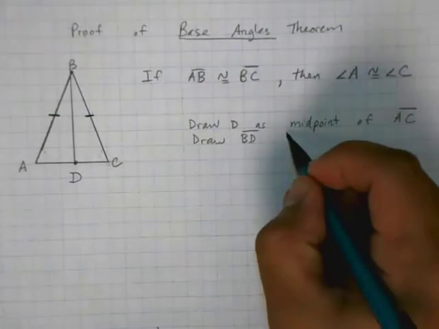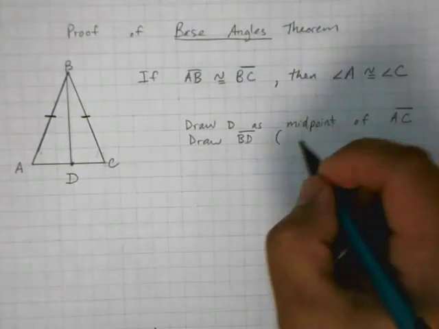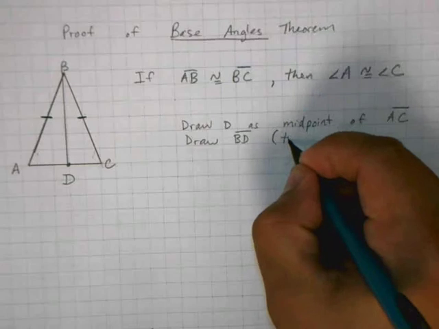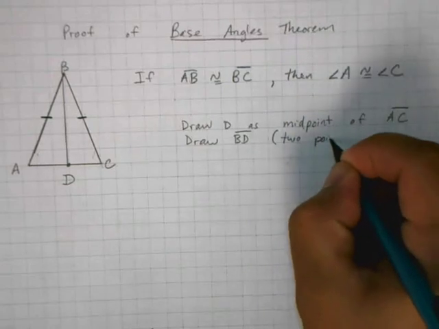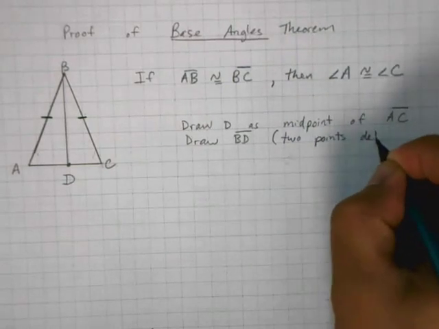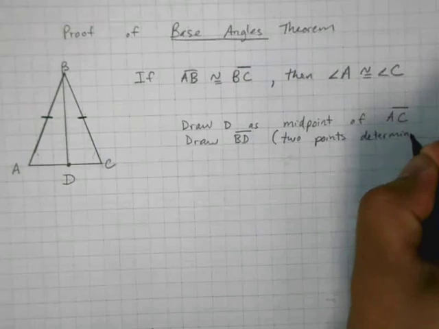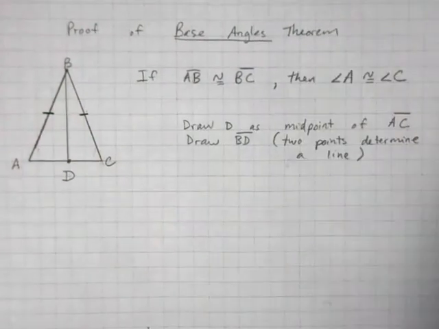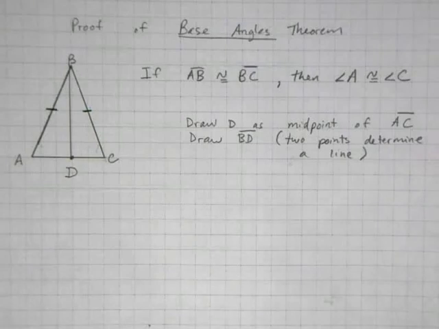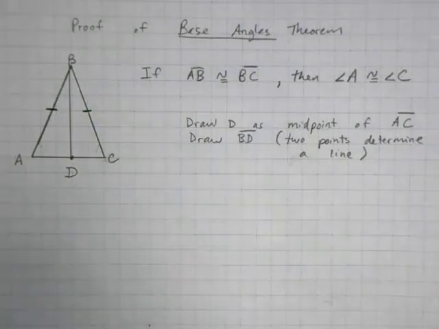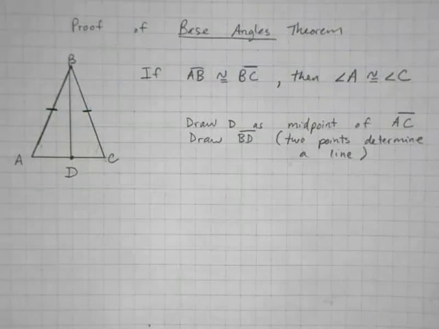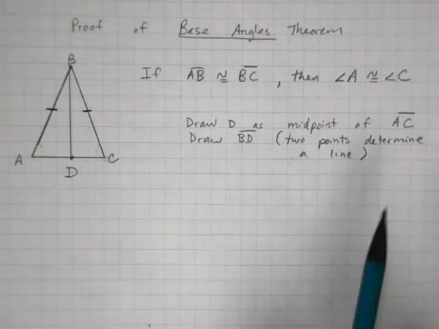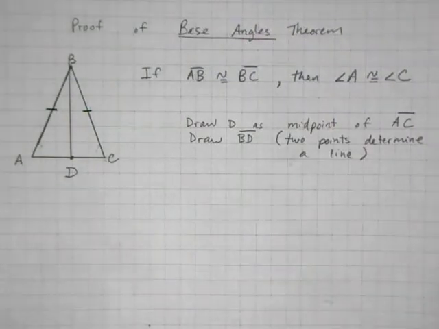And my reason is really that two points determine a line. In other words, if I have two points anywhere, I can take my ruler and connect them together, and that gives me a line or a line segment. Another way to put this is basically using the ruler postulate, but I'll put this in a little bit more expanded form here.